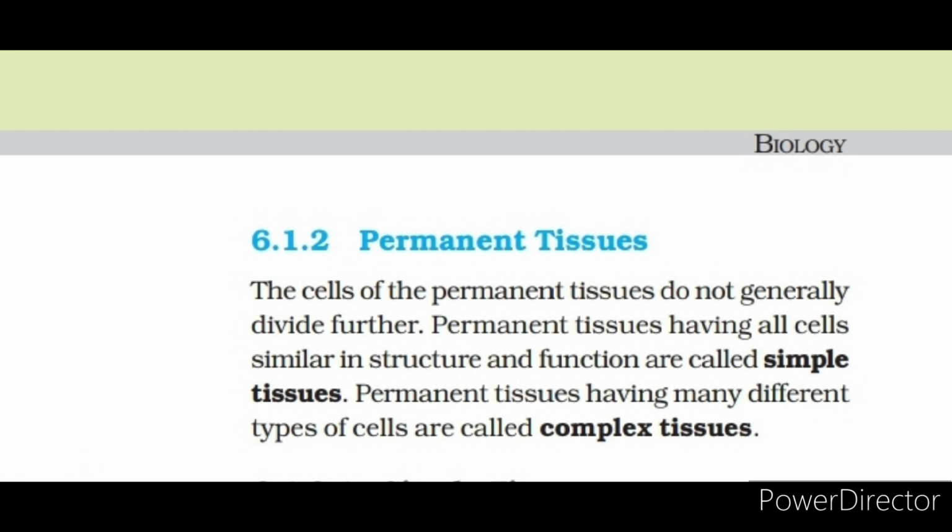Permanent tissues. The cells of the permanent tissues do not generally divide further. Permanent tissues having all cells similar in structure and function are called simple tissues. Permanent tissues having many different types of cells are called complex tissues.